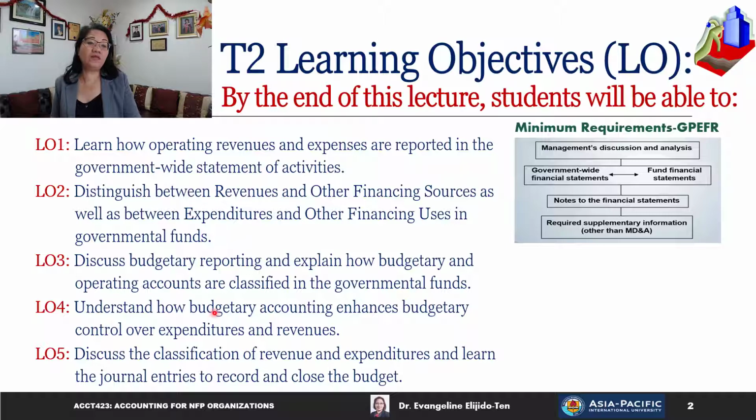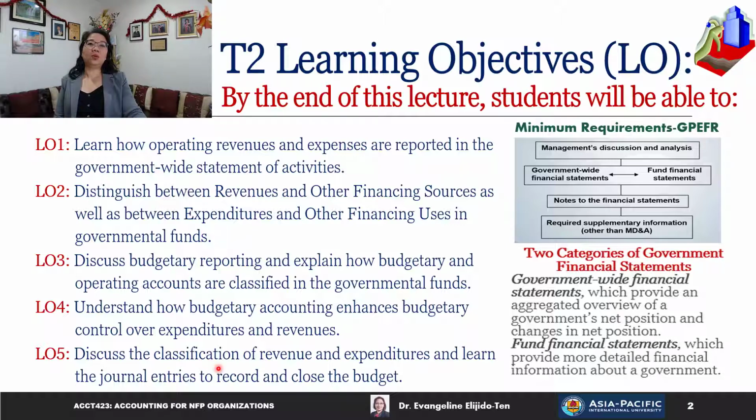In Learning Objective 4, we'll understand how budgetary accounting enhances budgetary control over expenditures and revenues. Then we will pause there for the first part of this lecture, and then we'll return for Part B in Learning Objective 5, where we will discuss the classification of revenues and expenditures, and we'll learn the journal entries to record and close the budget.